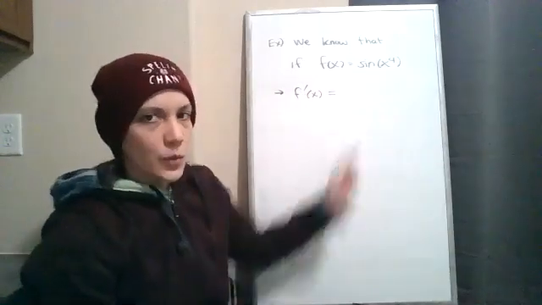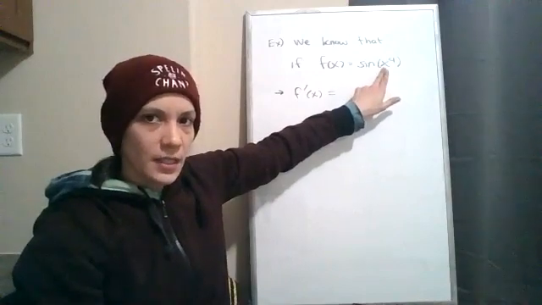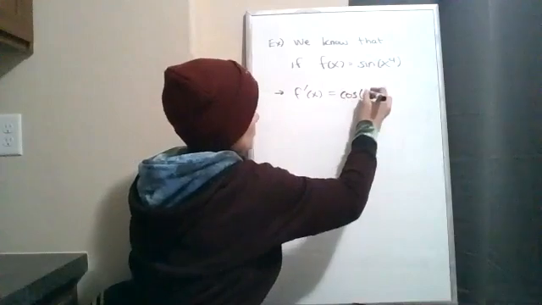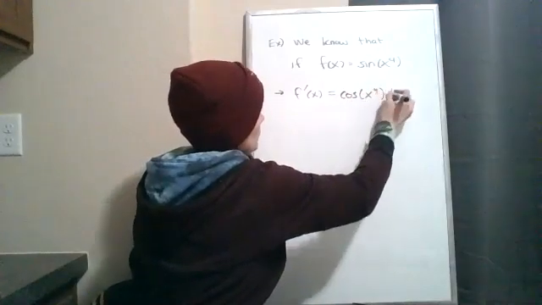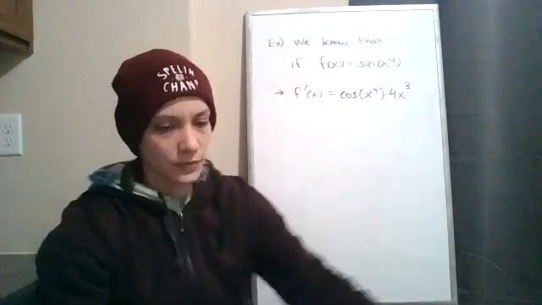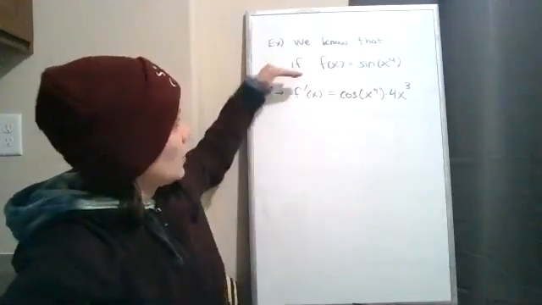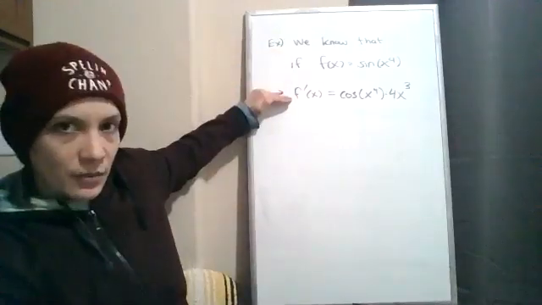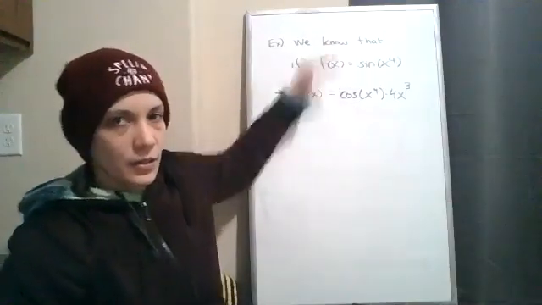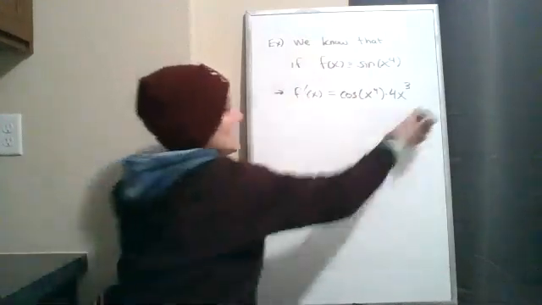The derivative will be cosine x to the fourth times 4x cubed. So we went here and took the derivative. Now we'll integrate this and see that we go back to the function that we had, sine of x to the fourth.